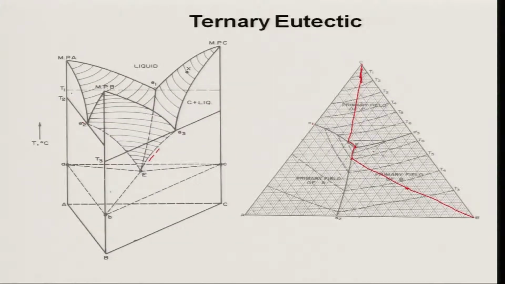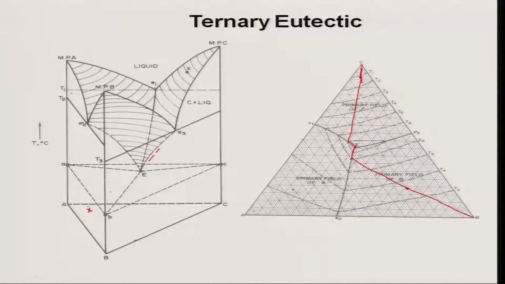Now, one can easily see how the solidification will happen just by knowing the 3-dimensional space model, as well as by using the projections on the Gibbs triangle. In the 3-dimensional space model, suppose I have an alloy composition sitting on the primary phase field of A, which corresponds to the composition here.